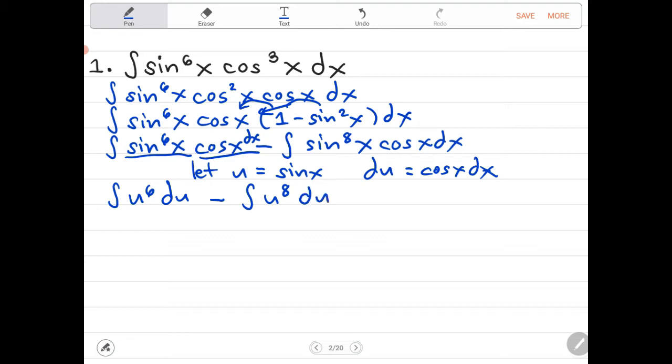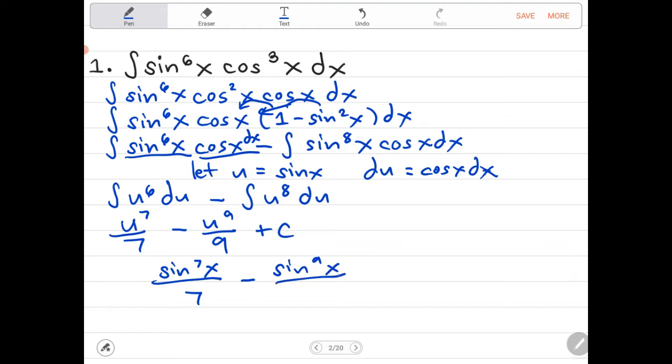Okay, then after that we can now integrate: u raised to 7 all over 7 minus u raised to 9 all over 9 plus c. Then of course, don't forget to substitute the original value of u, which is sine x. So we have sine raised to 7x over 7 minus sine raised to 9x over 9 plus c.